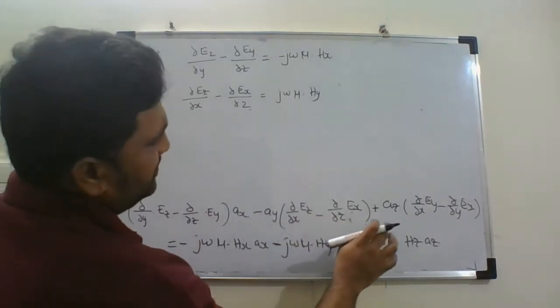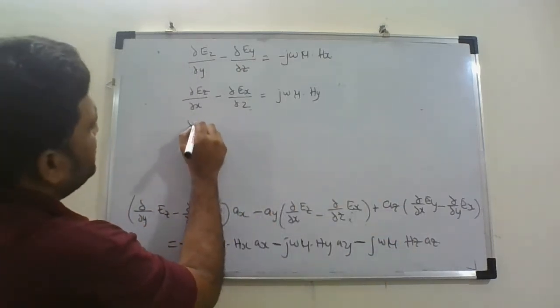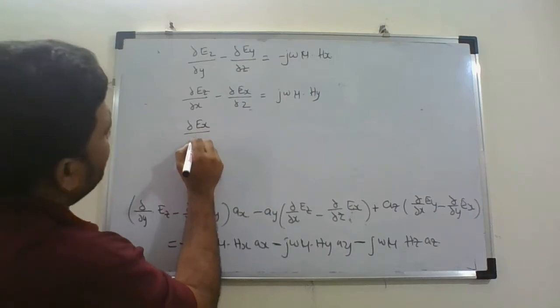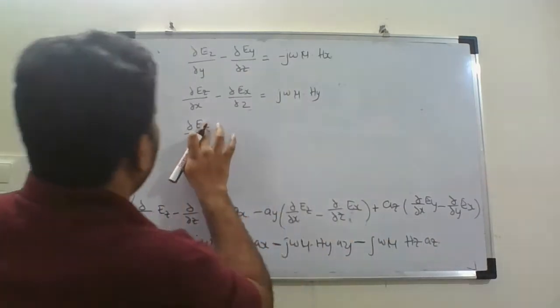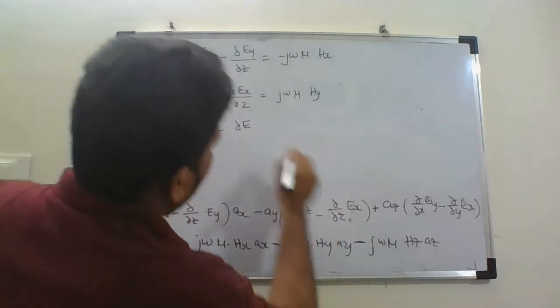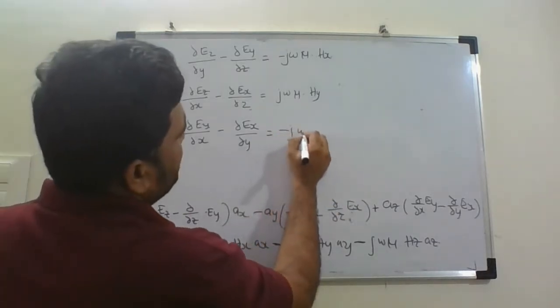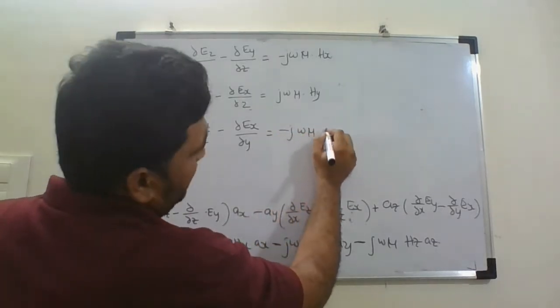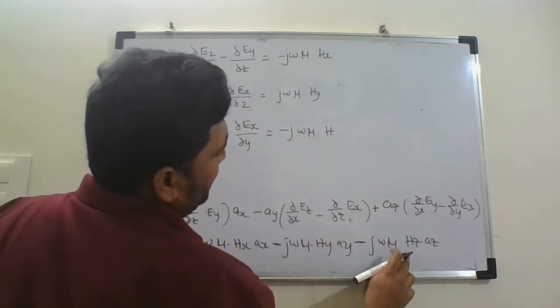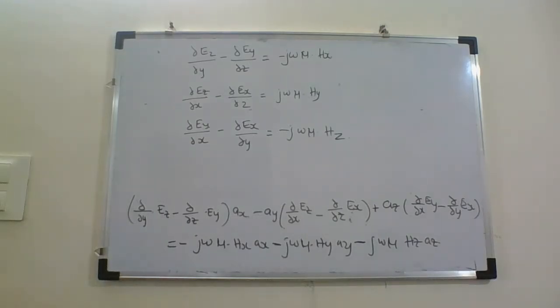Next, equating the az terms, the az terms is ∂Ey/∂x minus ∂Ex/∂y is equal to, what I get is minus jωμ into, what is the other term that I will get, Hz.